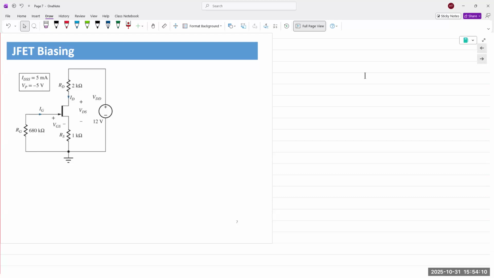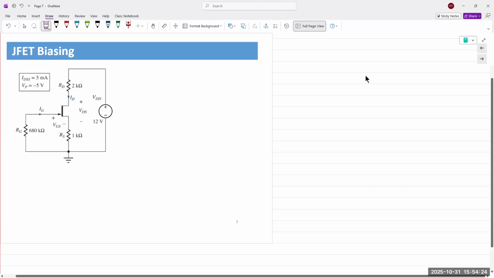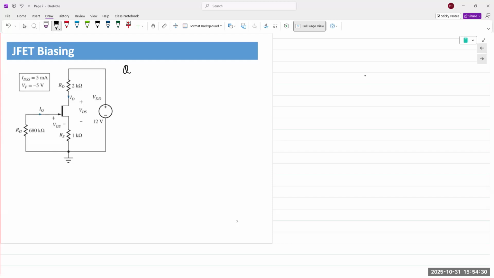Okay. So for JFET biasing, meaning we are setting up the circuit, we are applying a DC voltage on the output side, and we simply have one resistor at each of the 3 terminals. We're asked to find the Q point. Q point in this case means finding the value for VD as well as ID.